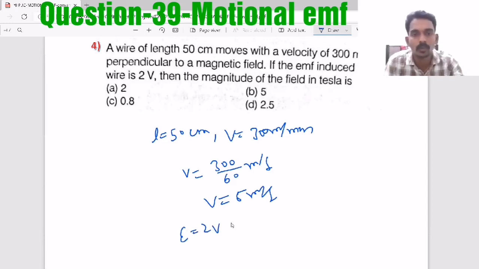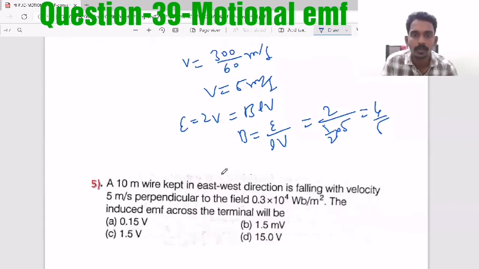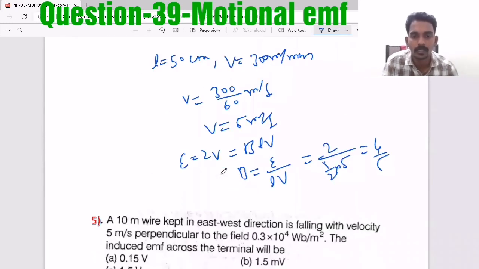So EMF is given as 2 volt, which equals BLV. Now they are asking for the magnetic field. So the magnetic field equals epsilon by LV. Epsilon is 2, L is 50 centimeter meaning half meter, V is 5 meter per second. So that is 4 by 5, which means 0.8. So the magnetic field is 0.8 tesla.